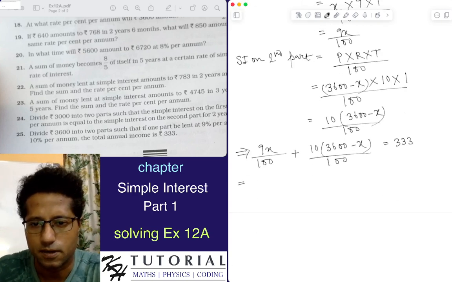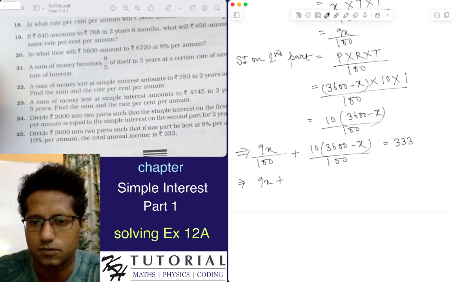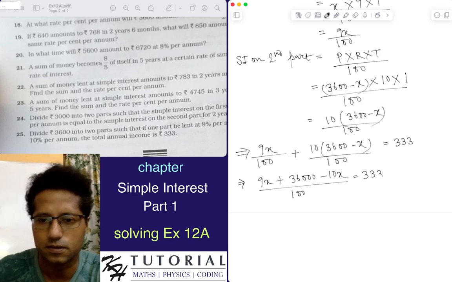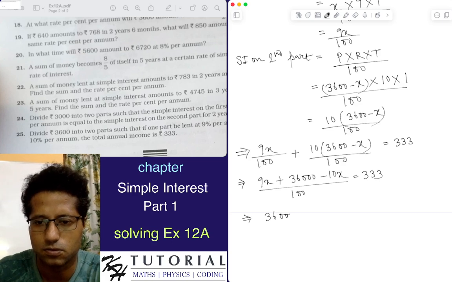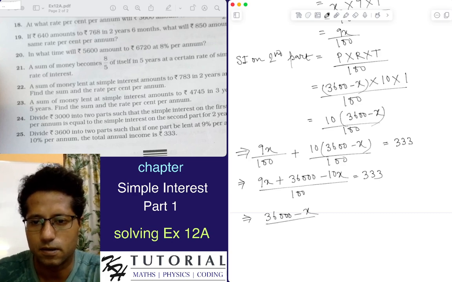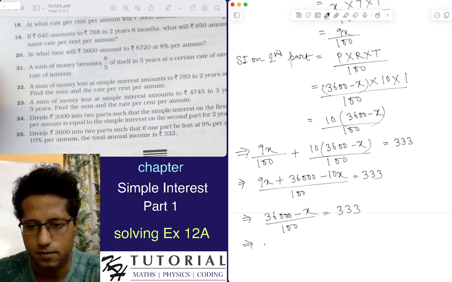Now if we simplify the LHS we get 9x plus 36000 minus 10x divided by 100 equals 333. If we further simplify we get 36000 minus x by 100 equals 333. This implies if we do cross multiplication we get 36000 minus x equals 3330.